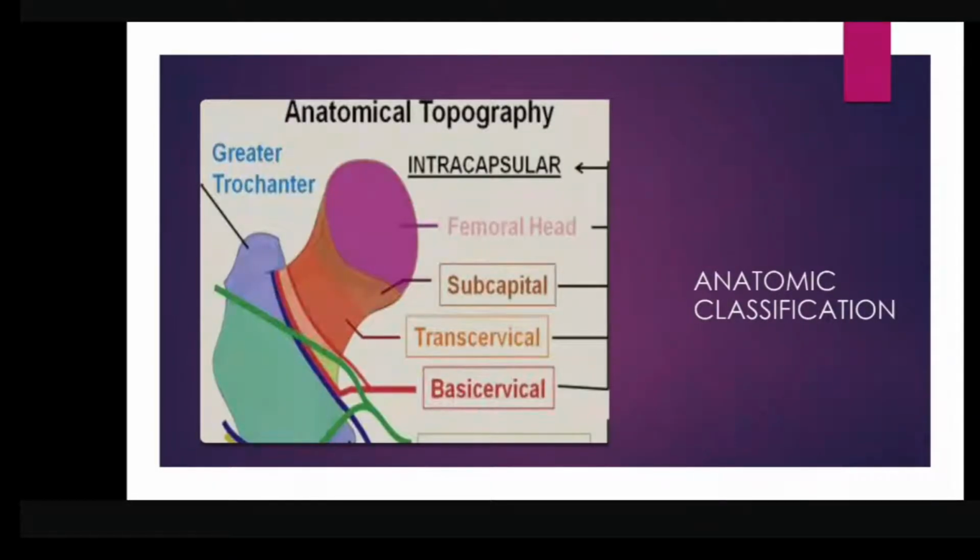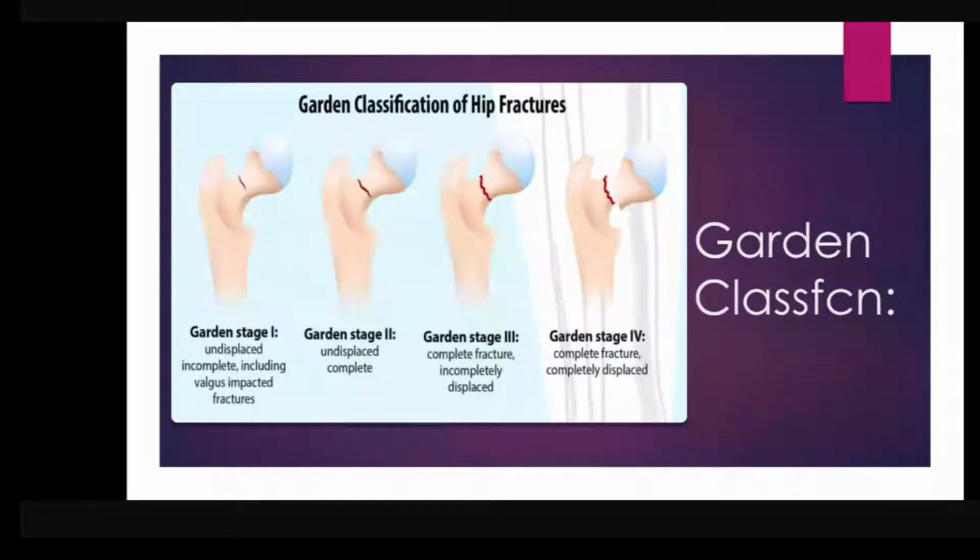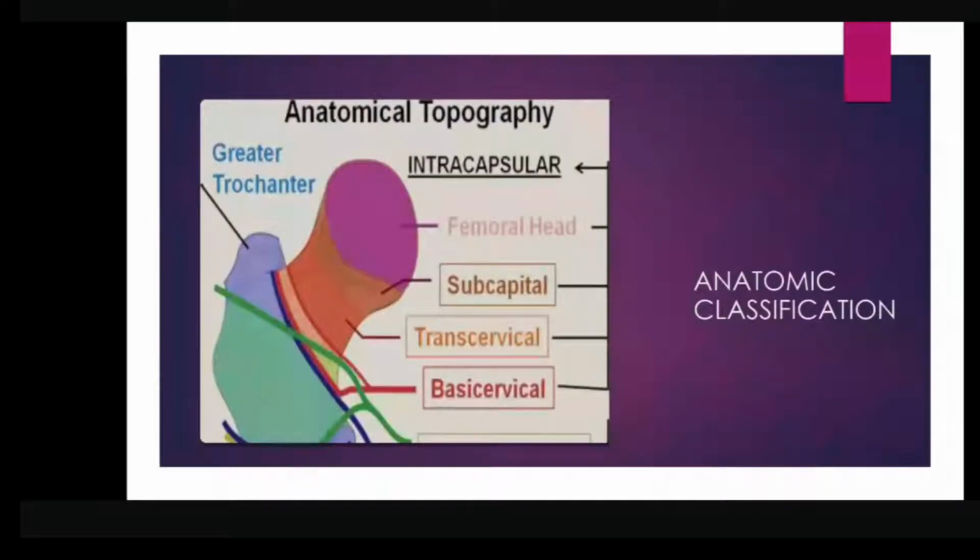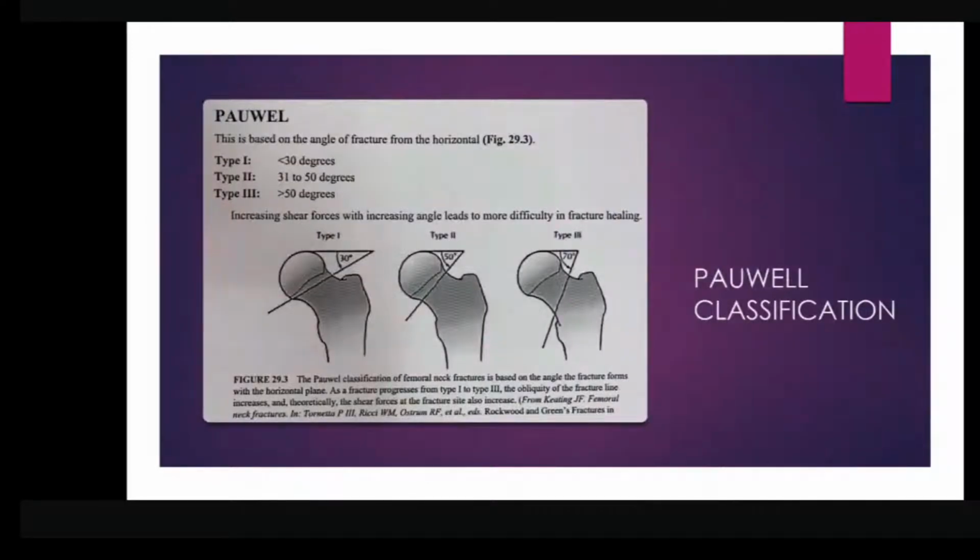Another classification is the Garden classification. You have to remember all these three classifications. You have to be able to remember each and everything of this classification: the anatomic classification, Pauwels' angle classification 30, 50, 70, or in some books also 30 and 50.